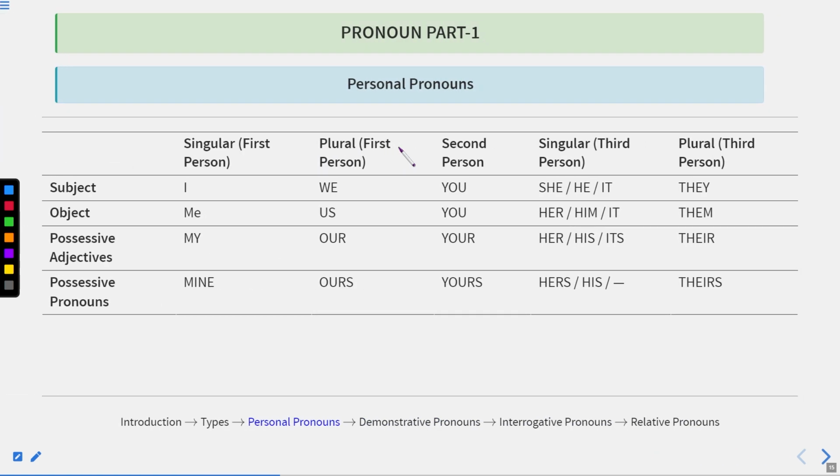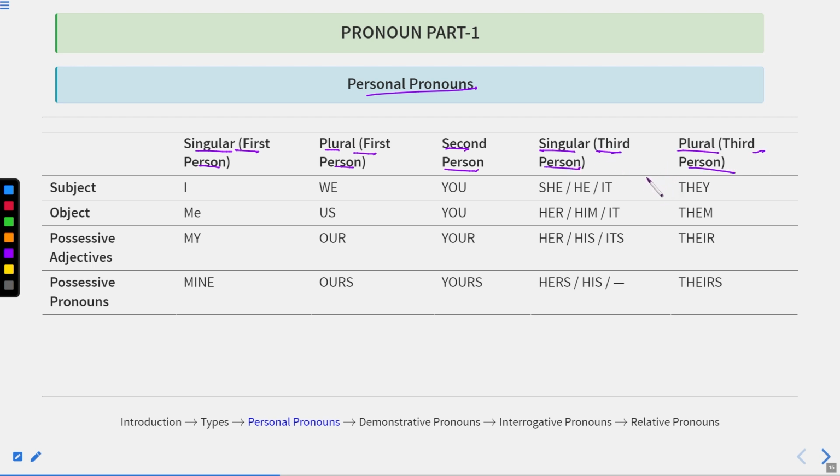Now this is the table which you can see under the heading of personal pronoun. This table is very important, and we are going to elaborate on it now. Here we have singular first person, plural first person, second person, singular third person, and plural third person.